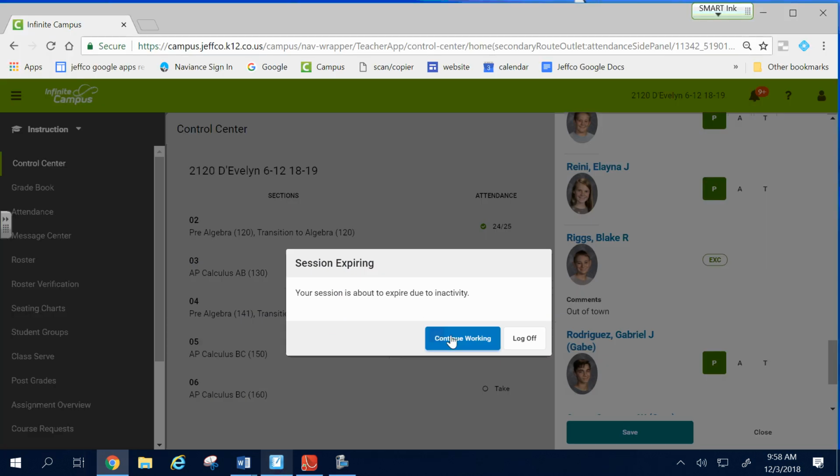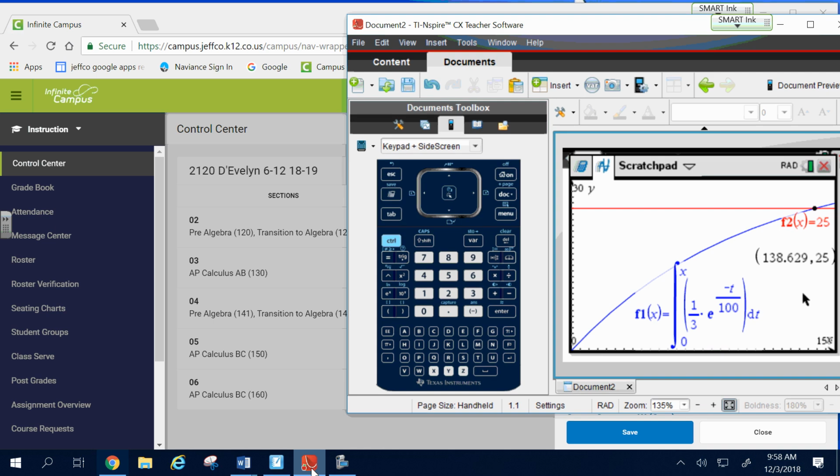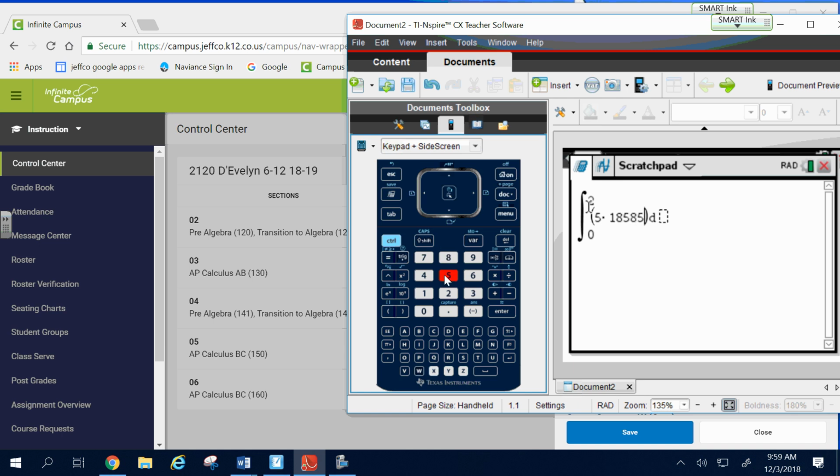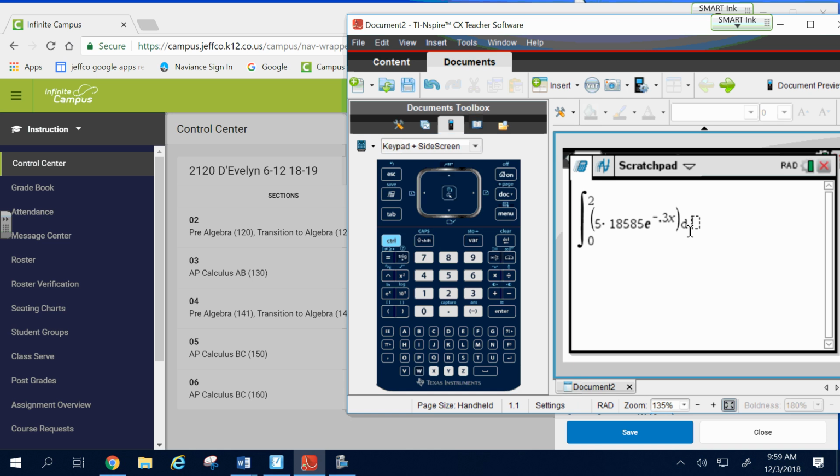Hang on just a minute. Okay. So the old shift plus 0 to 2. And what are we integrating? 5 times, it was 18,000 what? 585. E to the what power? Negative 0.3 x dx.